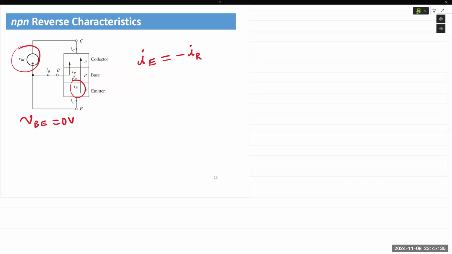It's the same standard equation. We can write IE using the standard diode equation as IS times e raised to VBC over VT minus 1.